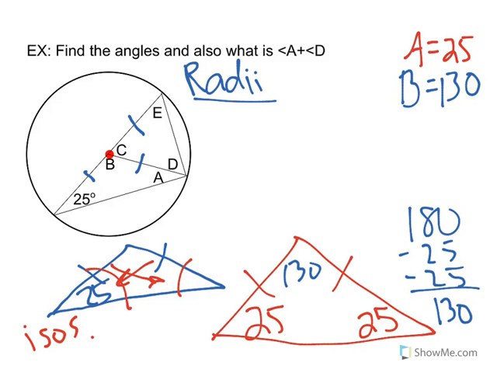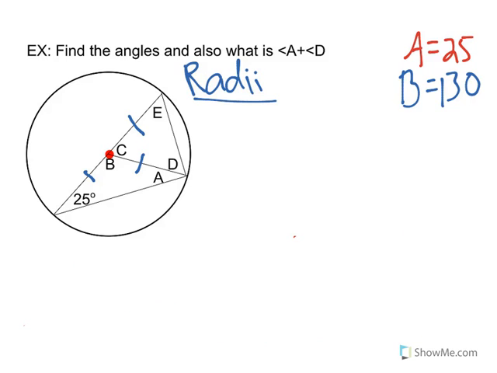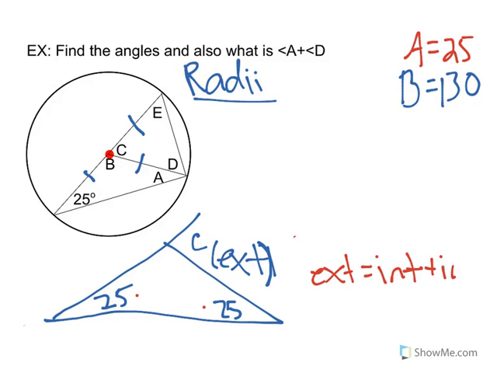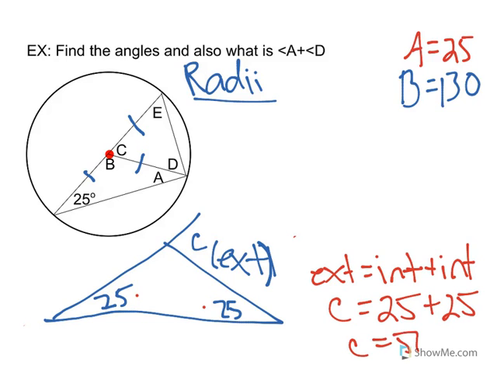So now we need to find C, D, and E. So angle C is an exterior angle to the 25 angle and the other 25 angle. So our exterior angle theorem tells us the exterior is equal to interior plus interior. So C is going to equal 25 plus 25. So angle C is equal to 50.